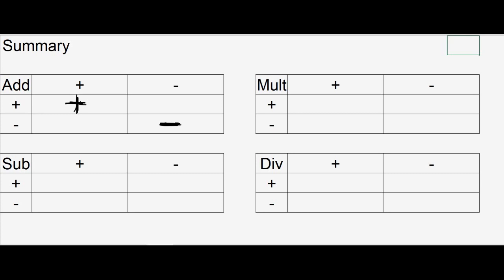If I add a positive and a negative, it really depends. Whether the answer is positive or negative depends on which is bigger. And we say bigger because we're really talking about the absolute value of the number.